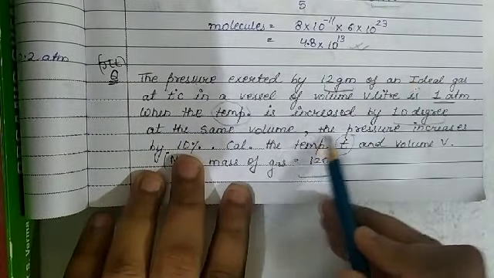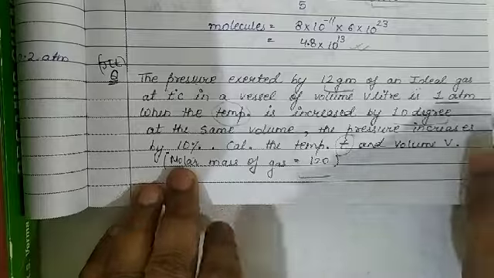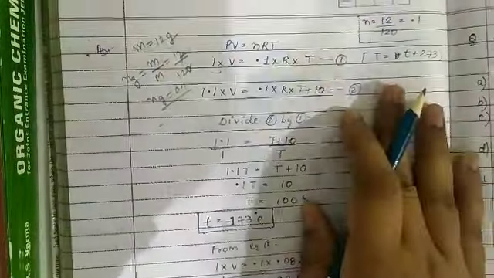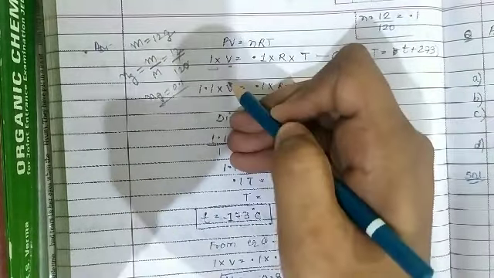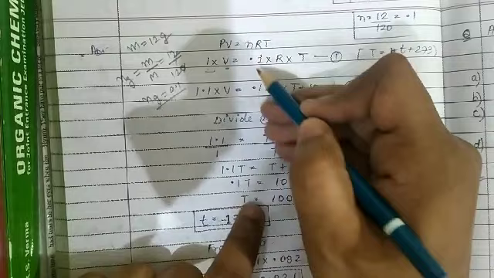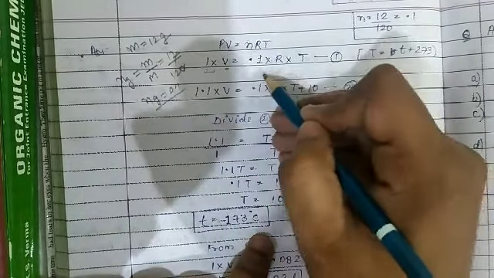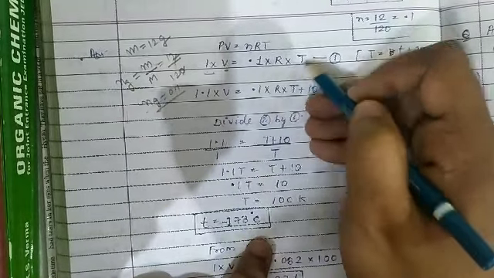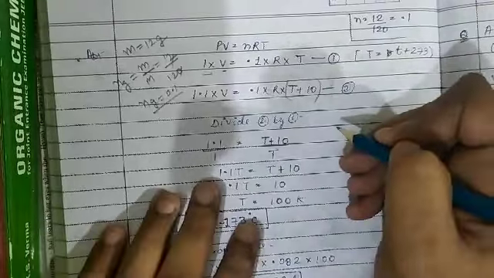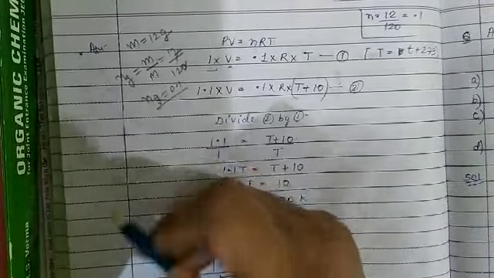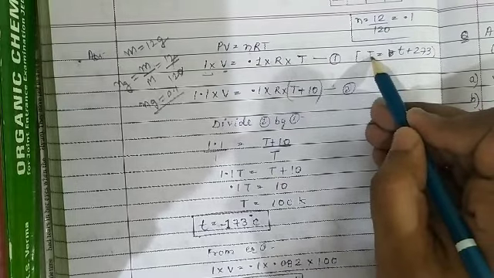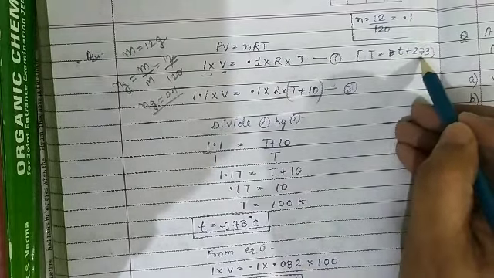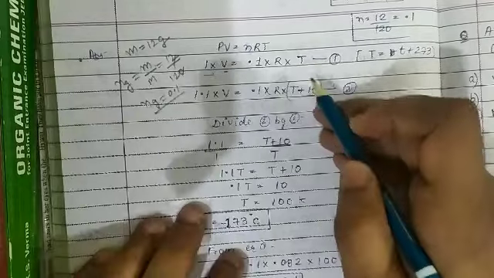Now pressure is increased by 10%. So the initial pressure P1 is 1 atm and volume is V. The number of moles we have calculated is 0.1, into R and temperature T. This temperature we have taken in degree Celsius, which we will further change to Kelvin.